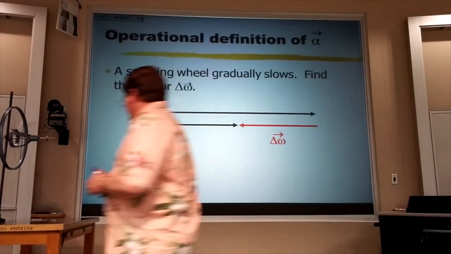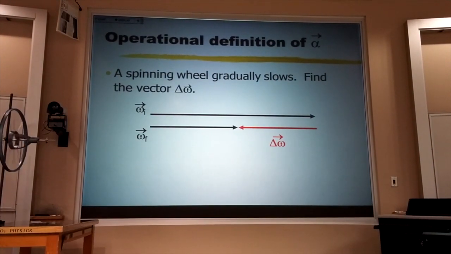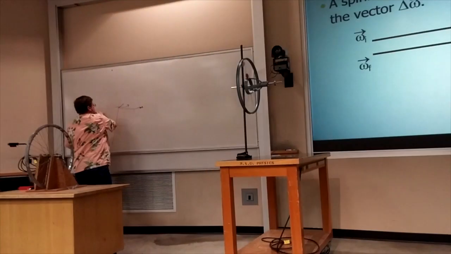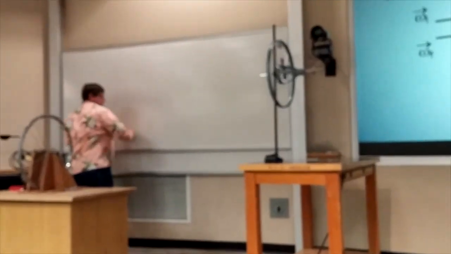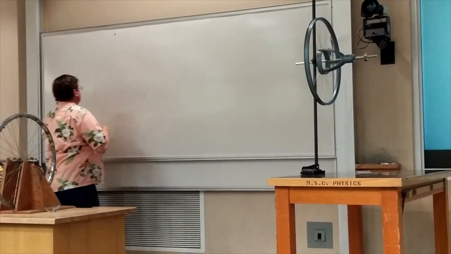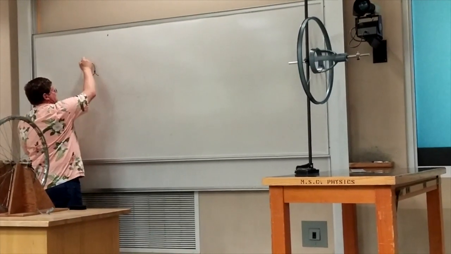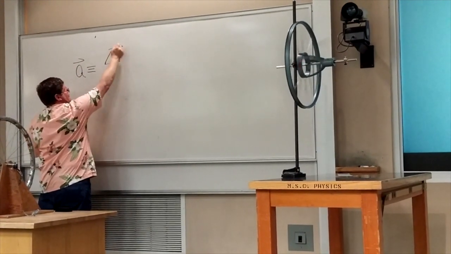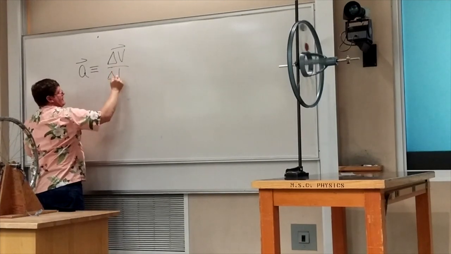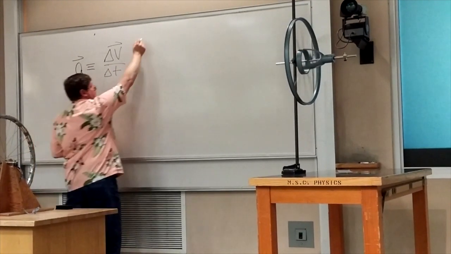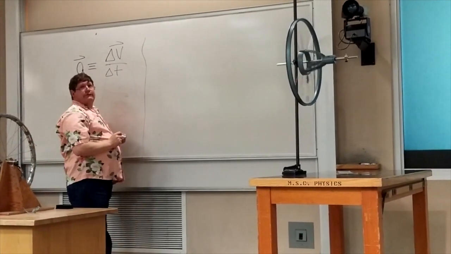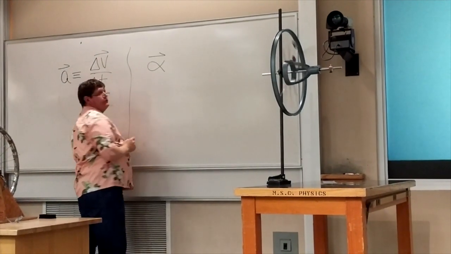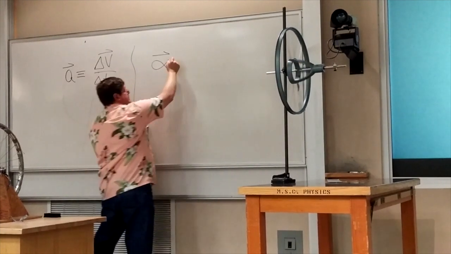Now, in the olden days, by that I mean the first part of the semester, we defined linear acceleration to be the change in the linear velocity that happened in 1 second. Well, now we're going to define something called angular acceleration. We use alpha to represent that.